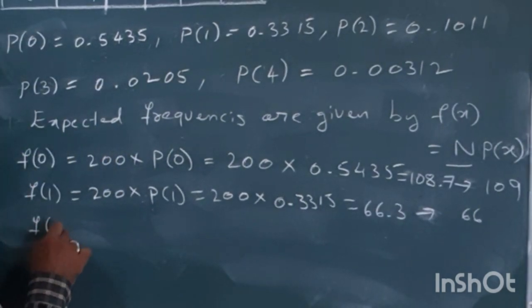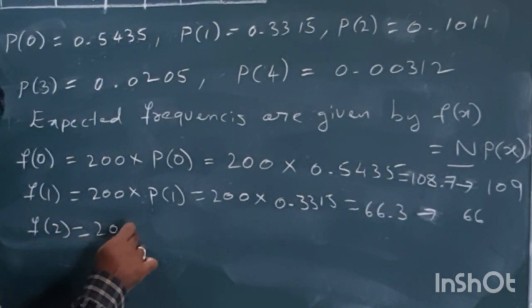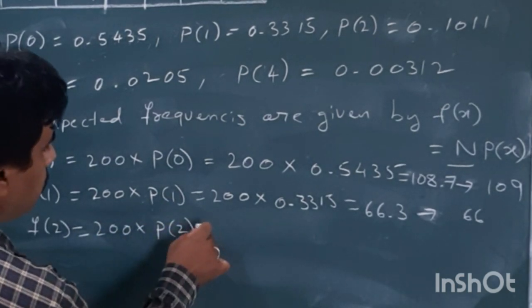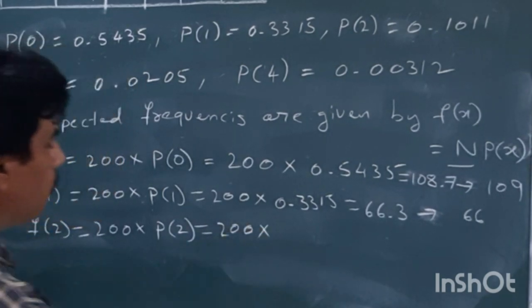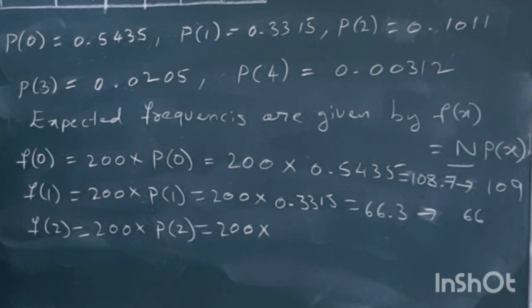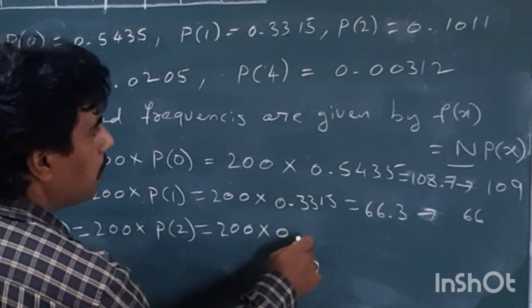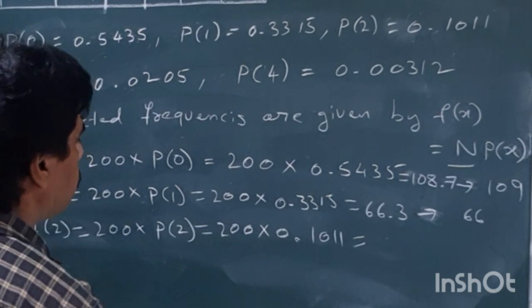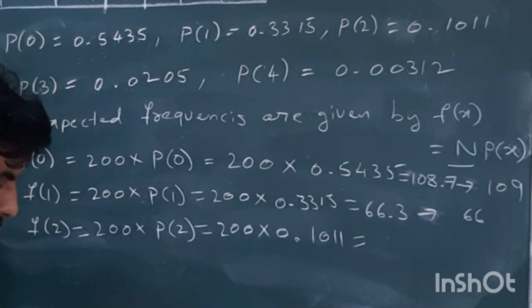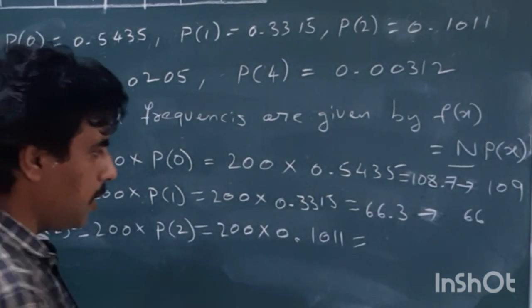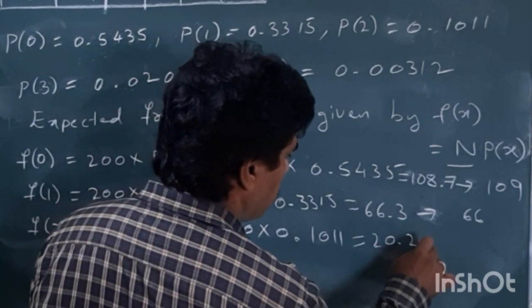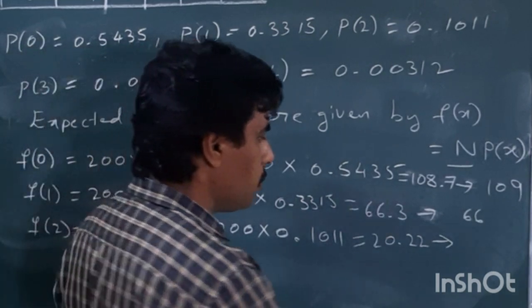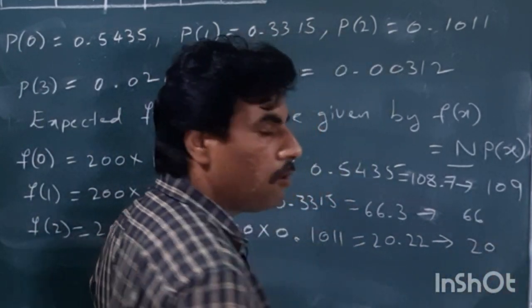Similarly, f of 2 is given by 200 into probability for getting 2 successes, p of 2. P of 2 value is 0.1011. Multiply these two numbers, we will get 20.22. This value becomes 20 after round off.